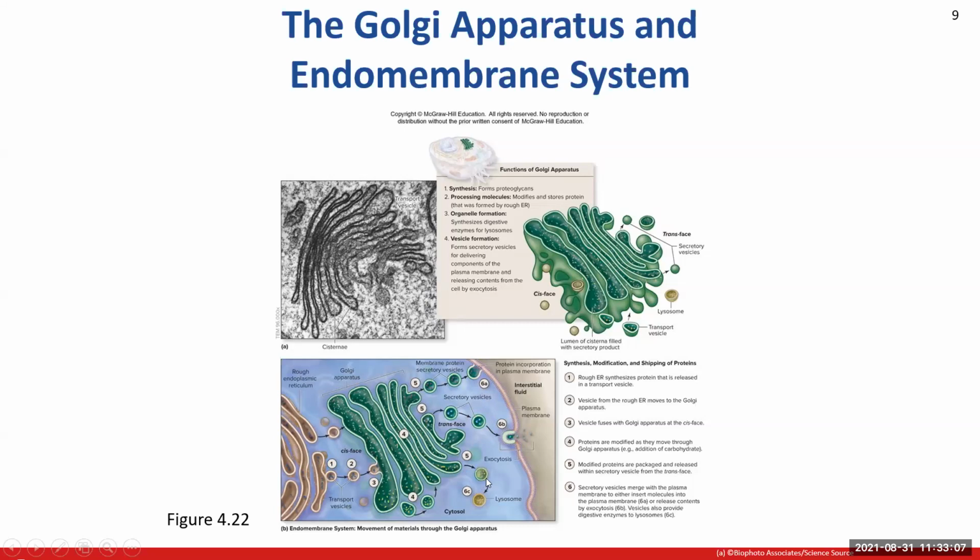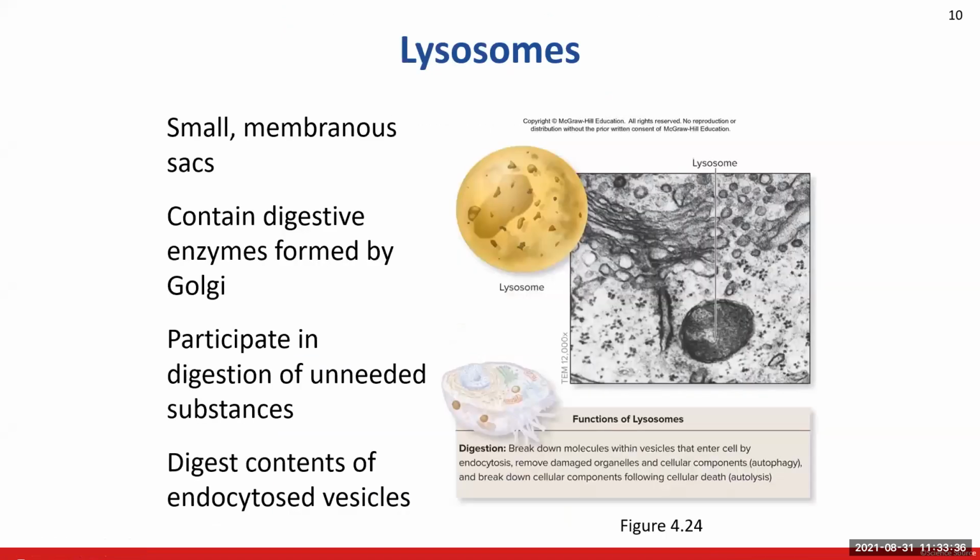This transport vesicle will fuse with a lysosome, and it gives the lysosome some of those digestive enzymes that the lysosome needs to do its job. So there's a lot going on, but you have to understand the rough endoplasmic reticulum is going to supply that material to the Golgi apparatus. The rough endoplasmic reticulum, not the smooth.